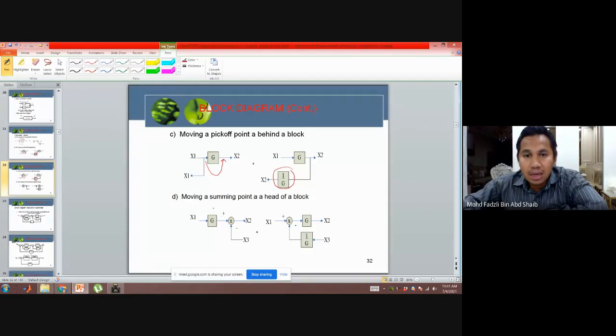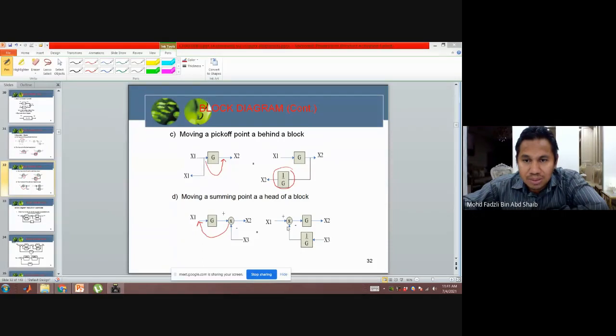Okay, this one, initially the summing point is at the front, and we need to bring it at the back. So here, it is already at the back of G. So we need to add 1 over G here.